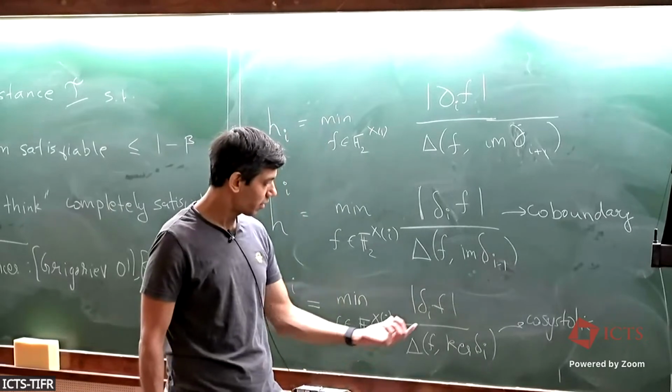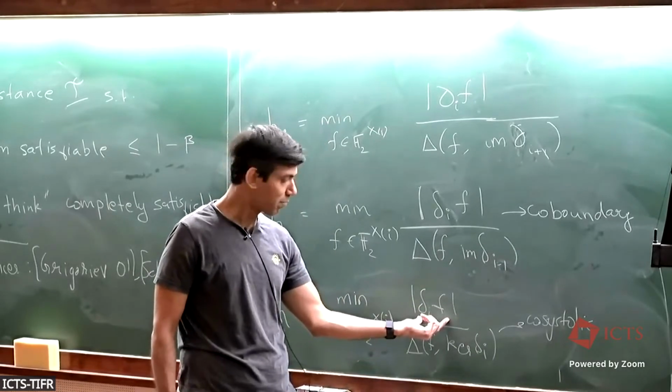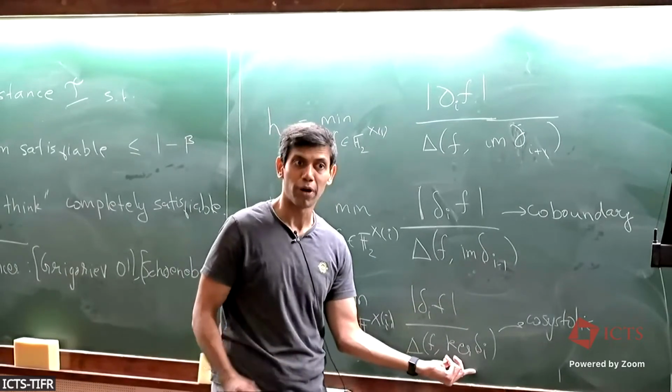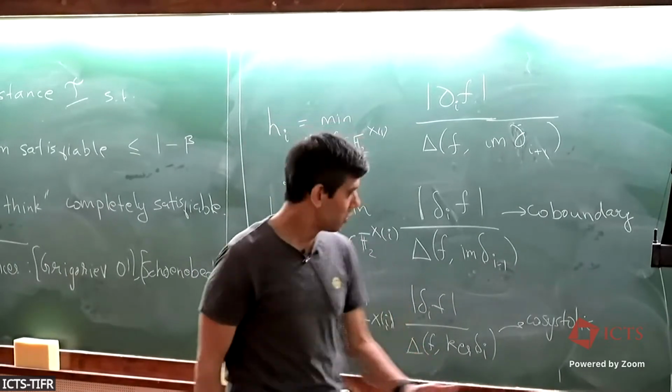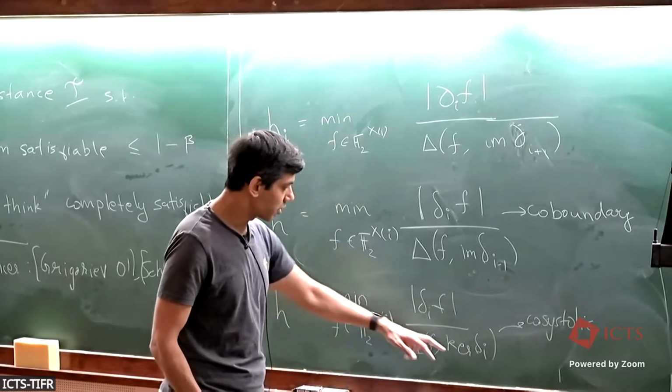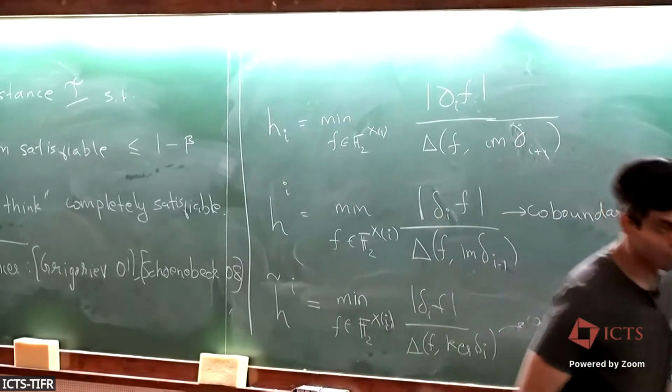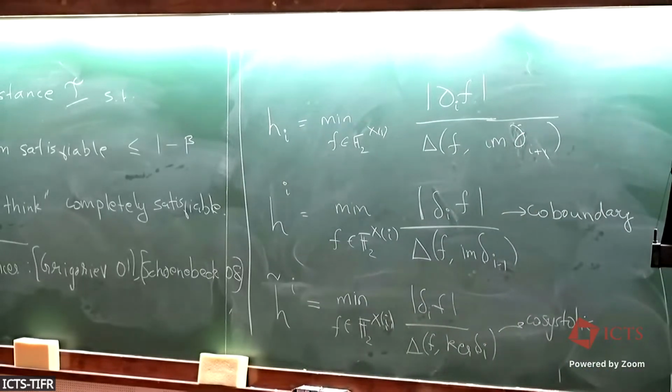It says if I take the parity checks, then the number of parity checks that will be 1 is proportional to how far I am from the kernel. So this just says that the kernel of delta I is locally testable. I can just check it by parity checks. That is why this notion is also clearly related to local testability. This was developed in a paper of Kaufman and Lubotzky, but I'll not talk much more about that.